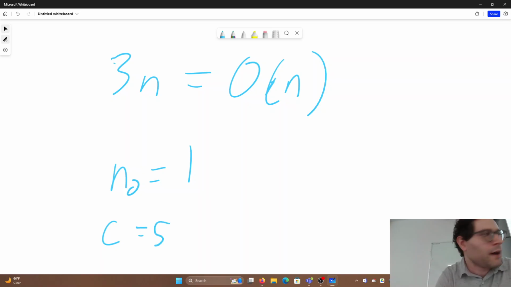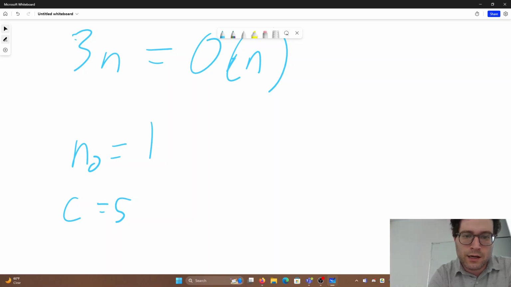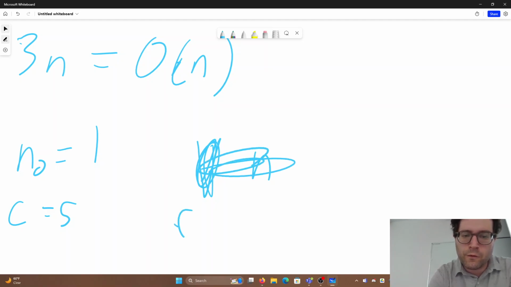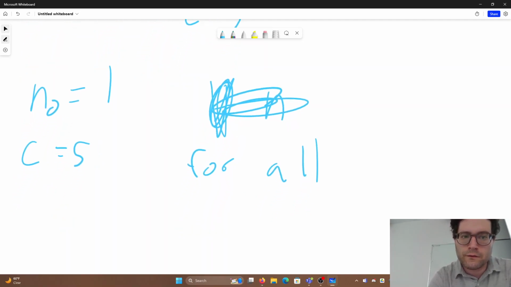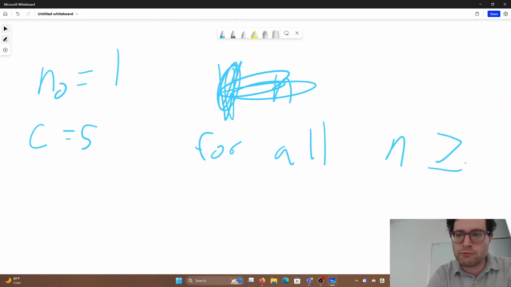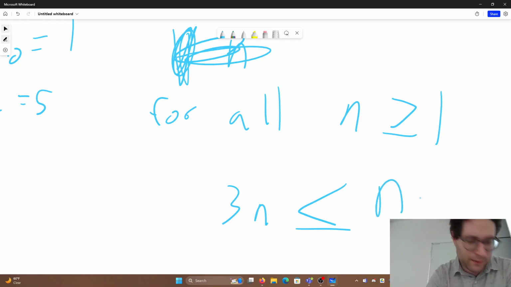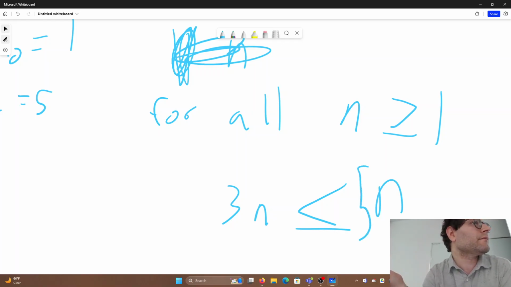Now we can say that for all n greater than or equal to 1, we've got 3n is less than or equal to 5n. So we've chosen a term, and we've shown that we've got a term that dominates it.